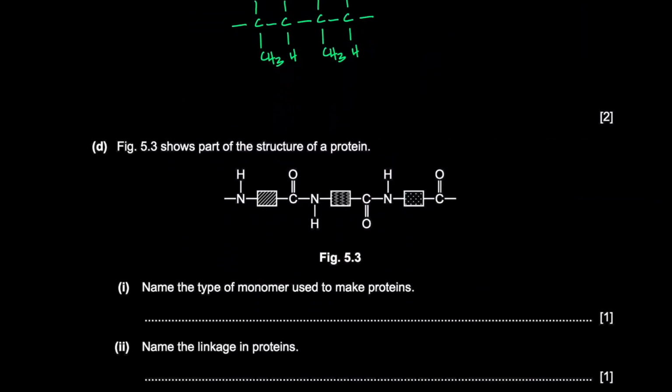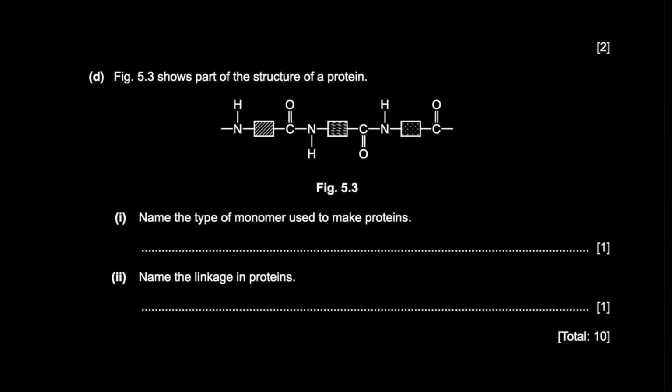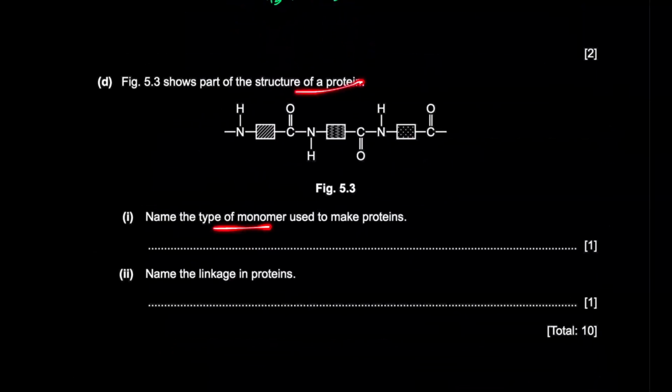Okay. Figure 5.3 shows part of the structure of a protein. Name the type of monomer used to make proteins. What's the monomer we use to make proteins? Building blocks of proteins क्या होते हैं?